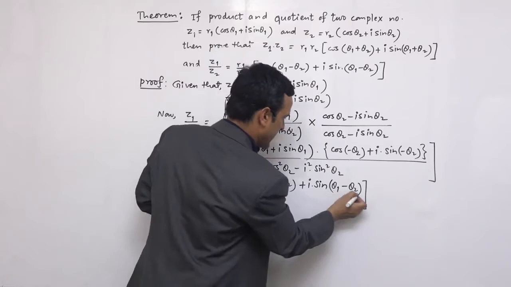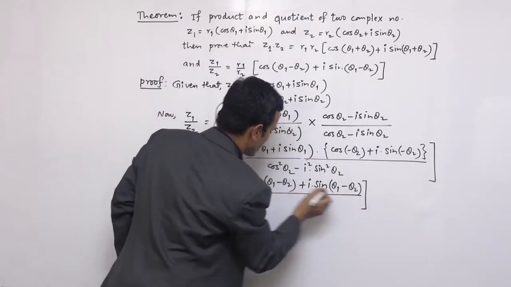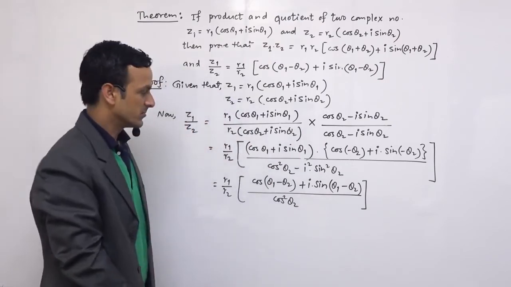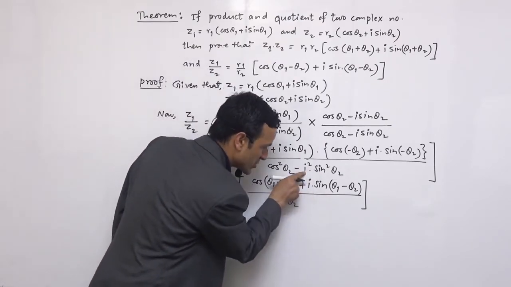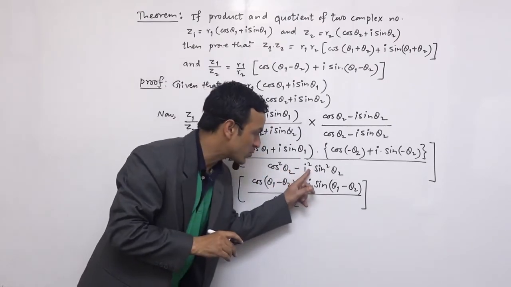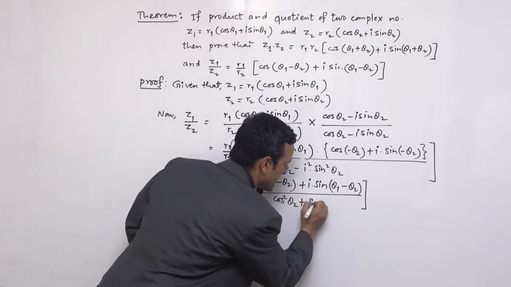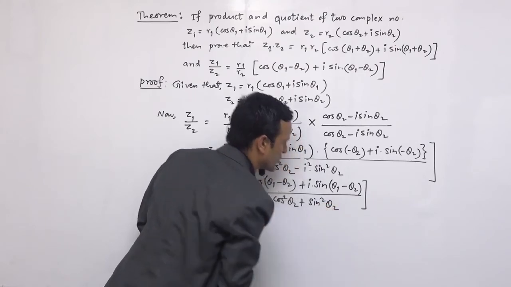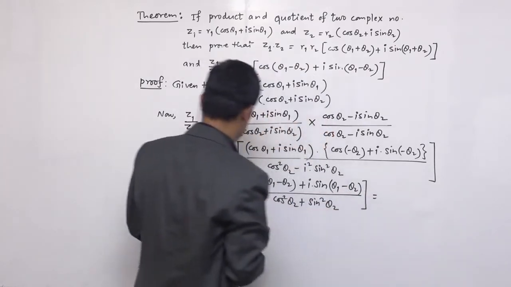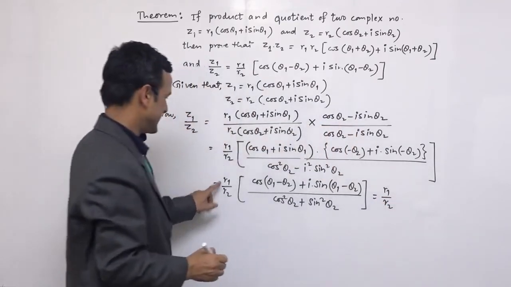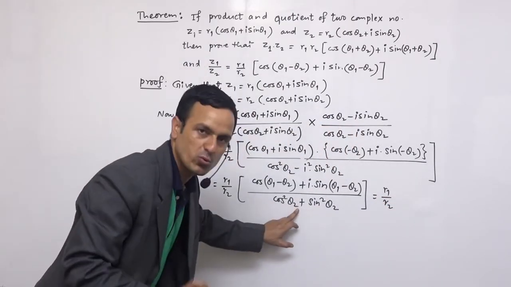And here it is cos square theta 2, and minus I square means it is also minus 1. So minus 1 minus, plus 1. So it is plus, and sin square theta 2. So in this way we can write down R1 by R2, which is the same, and this becomes 1.